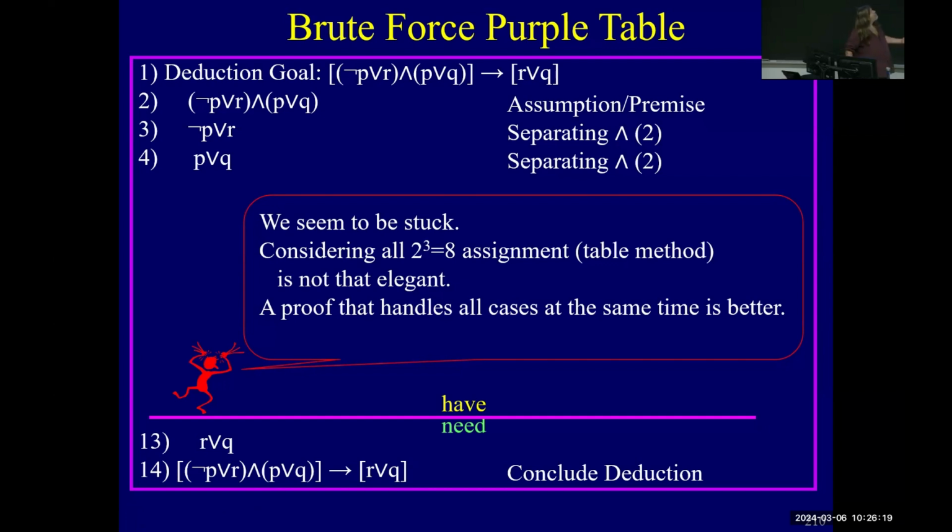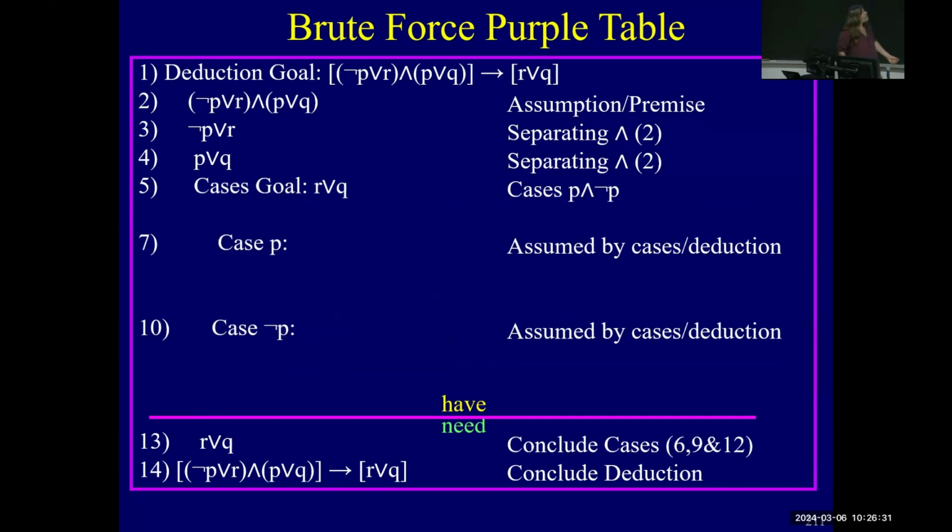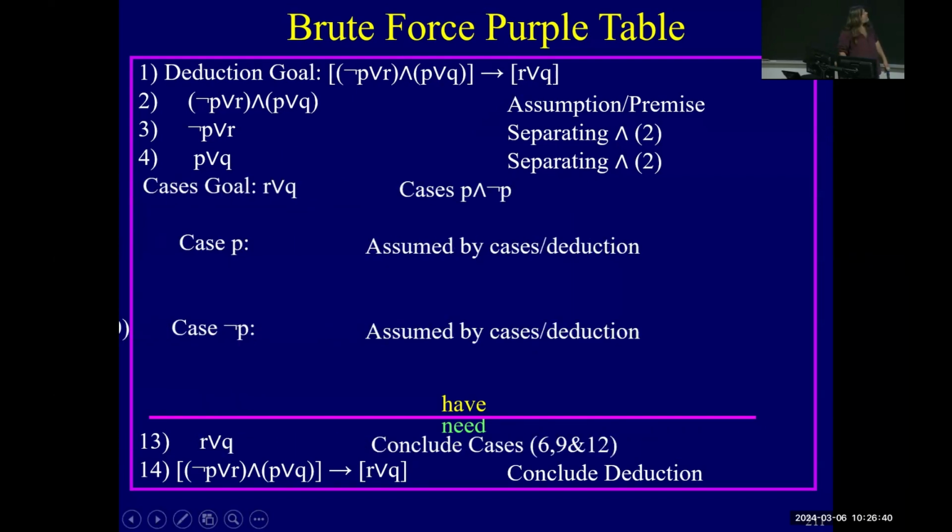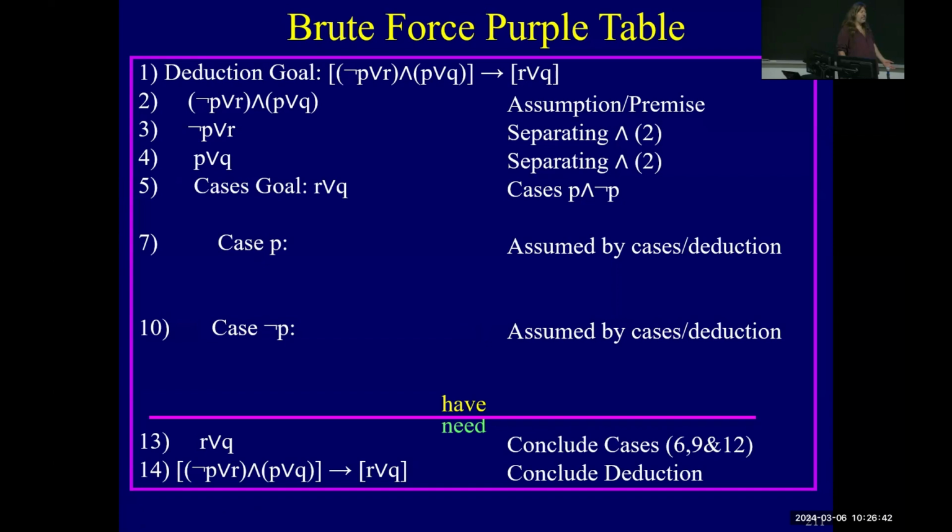And which variable should we branch on? Well, we could branch on anything, but here our intuition was that we branch on a variable. So what are we doing here? I'm just banging in proof by cases.